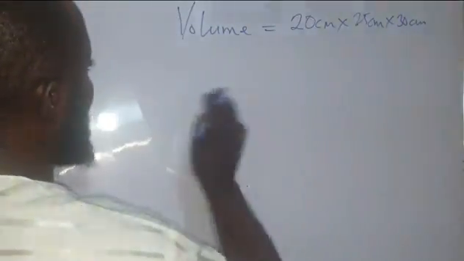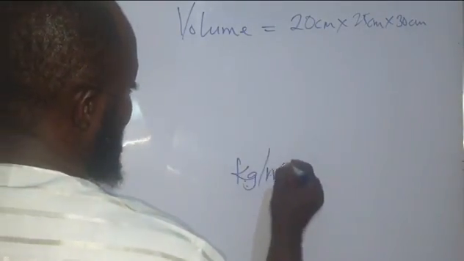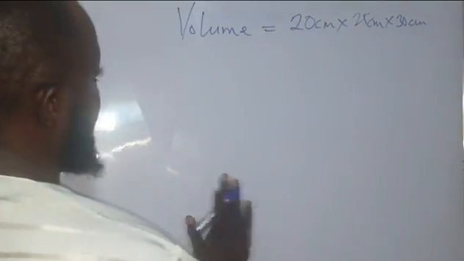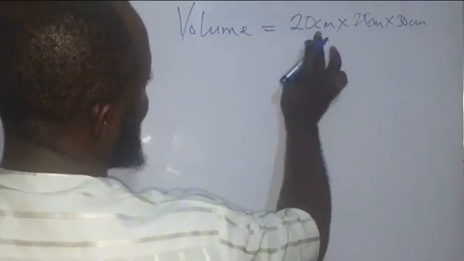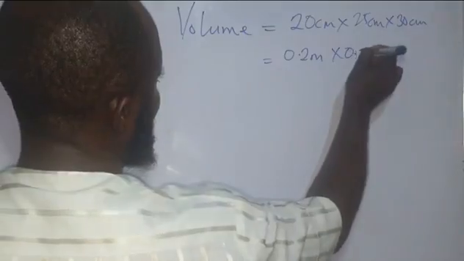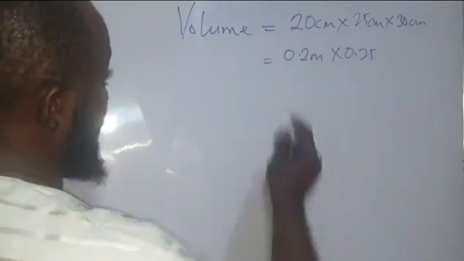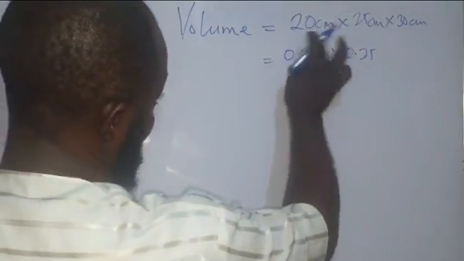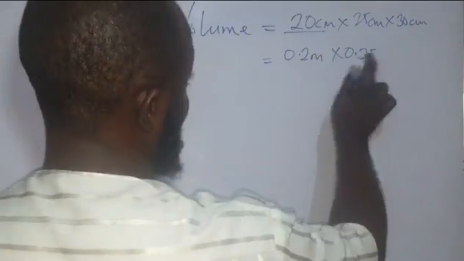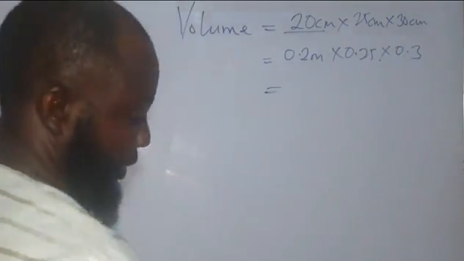Don't forget, we're looking for the density in kilogram per meter cube. So this is in centimeters, and we need to convert it to meters. Converting to meters gives us 0.2 meters by 0.25 meters by 0.3 meters, because 100 centimeters make a meter. When you divide by 100, you get 0.2, 0.25, and 0.3.